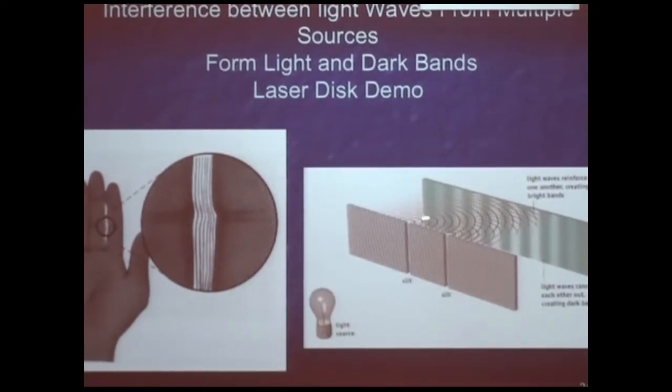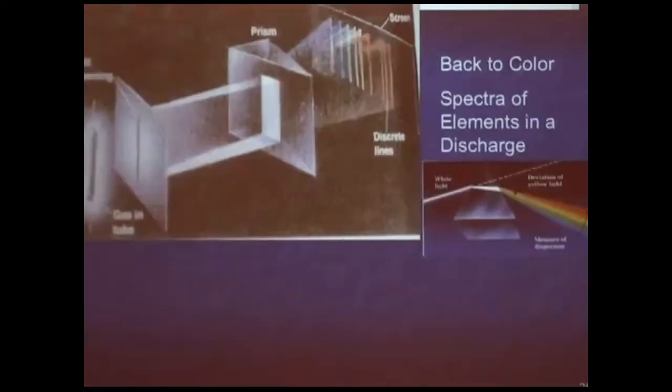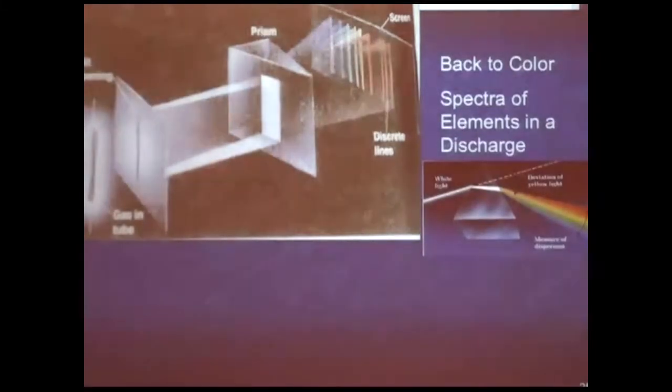When the light waves arrive, when two crests come together, you get a high crest, and when a crest and a trough come together, you get nothing, darkness, and you get medium light, and when two troughs come together, then you get darkness. That was the laser demo that I just did, just to convince you that light is a wave.